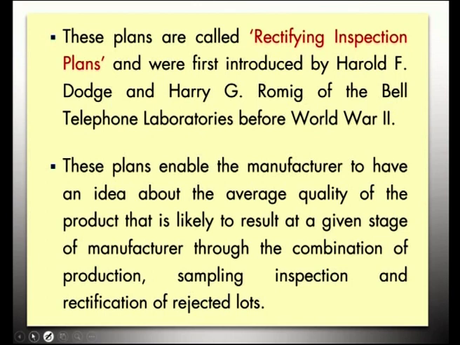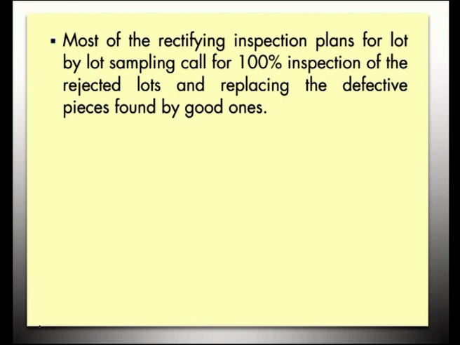Now, these plans enable the manufacturer to have an idea about the average quality of the product that is likely to result at a given stage of manufacture through the combination of production, sampling inspection and rectification of rejected lots. Most of the rectifying inspection plans for lot by lot sampling call for 100% inspection of the rejected lots and replacing the defective pieces found by good ones.